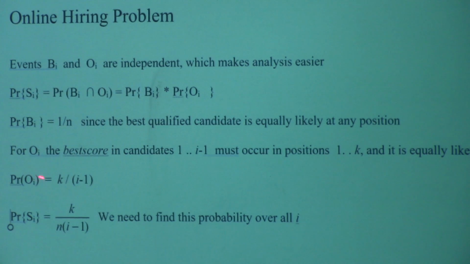So the probability that I don't hire in positions k plus 1 through I minus 1 is equal to k over I minus 1. Again, think of I equal to 11, k equal to 3. Control group is 3, so 3 over 10. There's a 3 in 10 chance that we don't hire in positions 4 through 10.